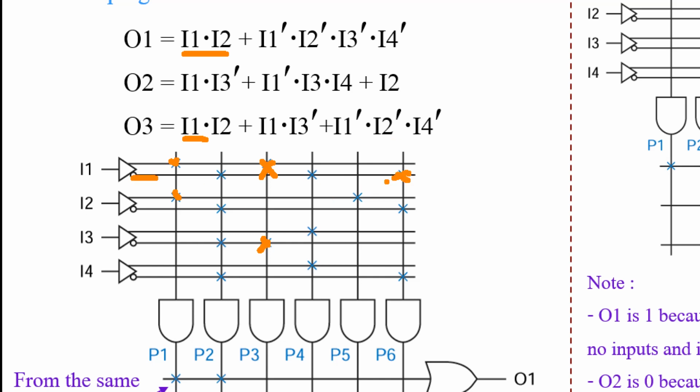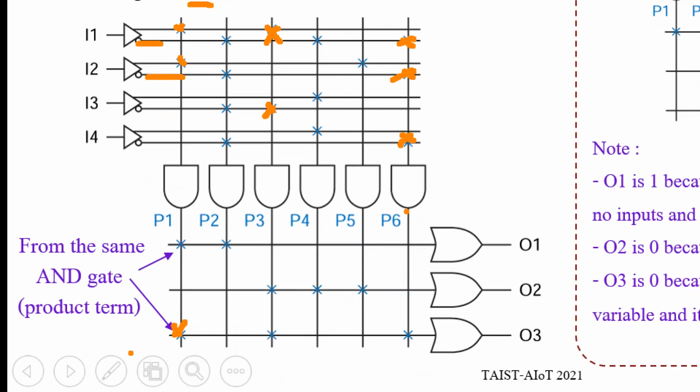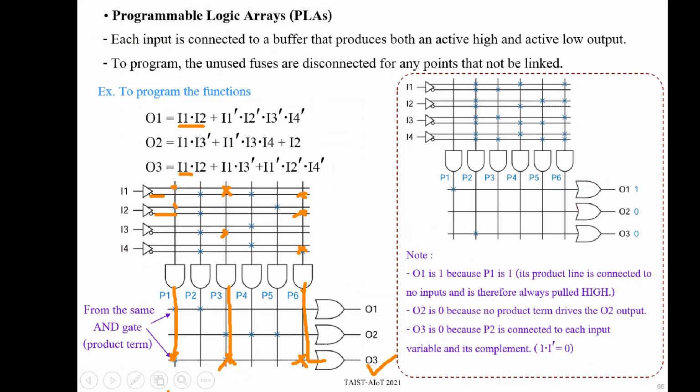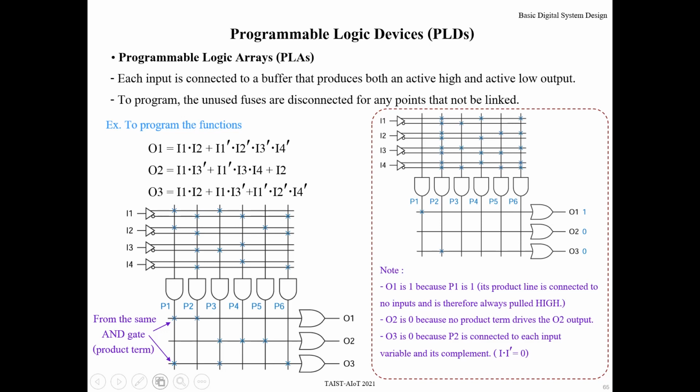Bring these 3 terms from these 3 AND gates all together, then you will obtain output O3. Something like this, just an example.